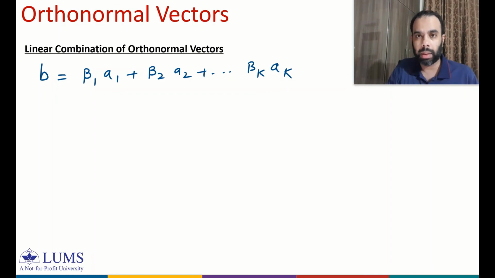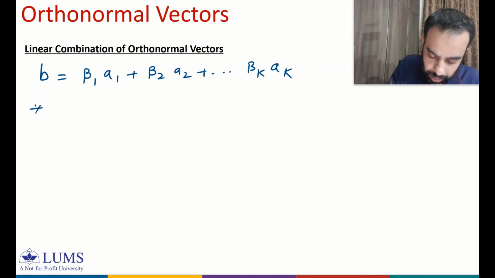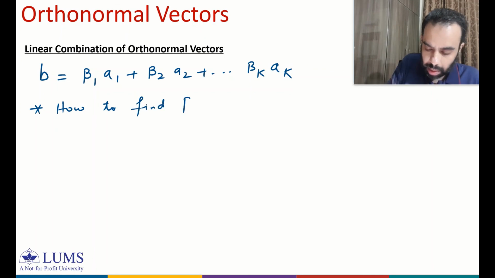So what we know is that orthonormal vectors are linearly independent. So beta 1, beta 2, beta k, they are unique. So how do we find beta 1, beta 2, beta k? So the question is how to find, say, beta i.